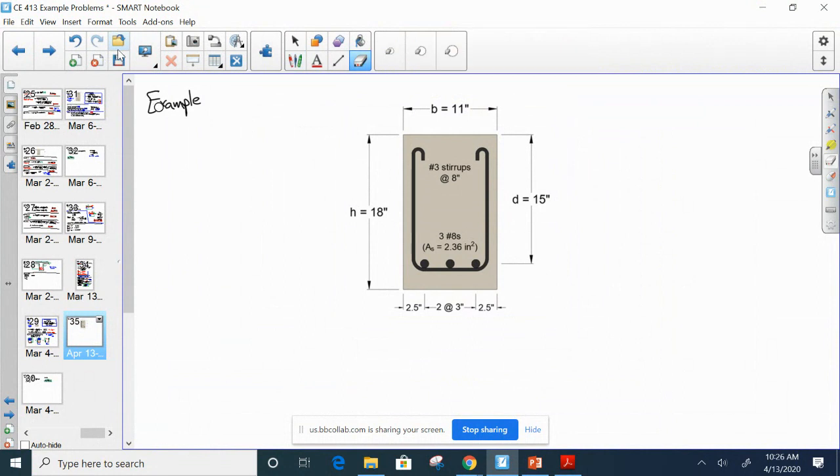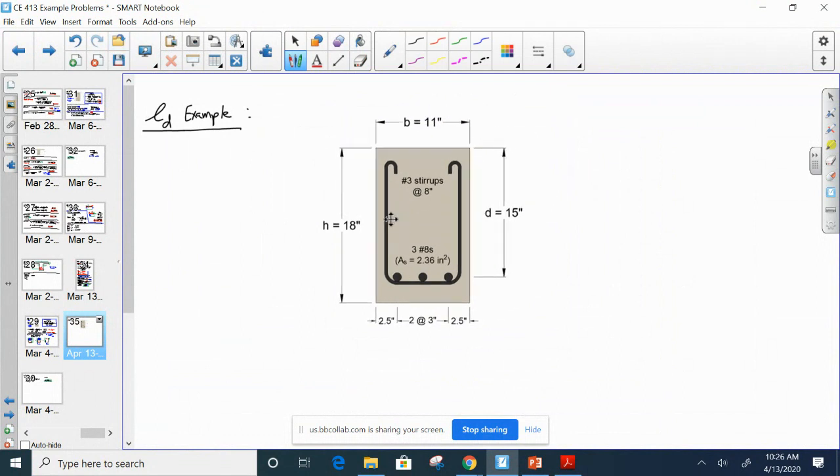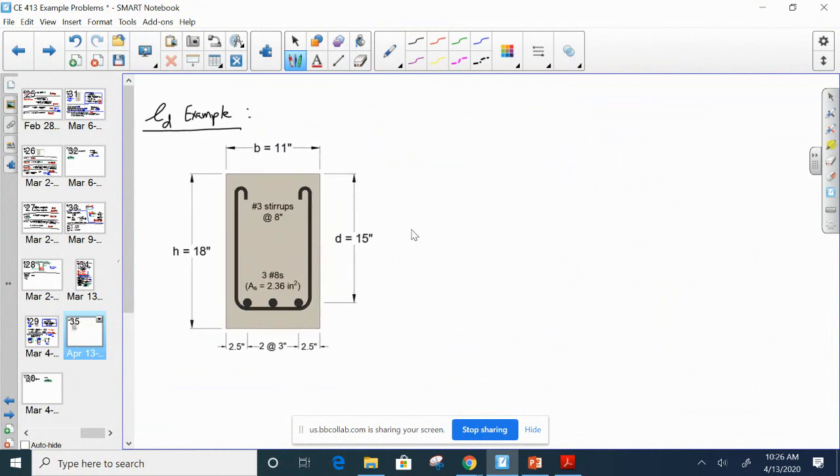So here, we'll call this LD example. Okay, so here's the beam. I'll give everybody a sec to sort of compute some values here, but keep in mind, we do know that this is 3 KSI.